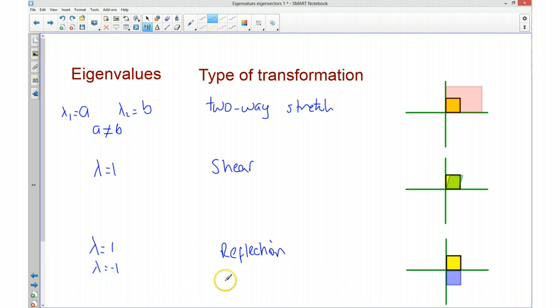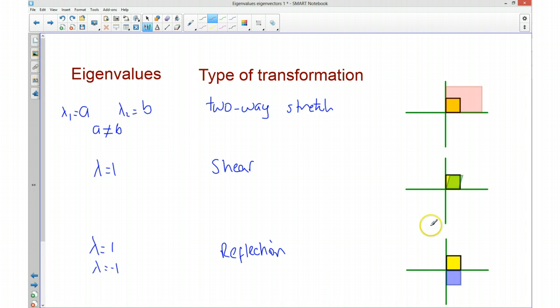And finally we looked at a reflection, and it's a special case of a two-way stretch where the eigenvalues are 1 and -1, so we've got an invariant line of points, and then we've got this invariant line that gives us this reflection, like so.